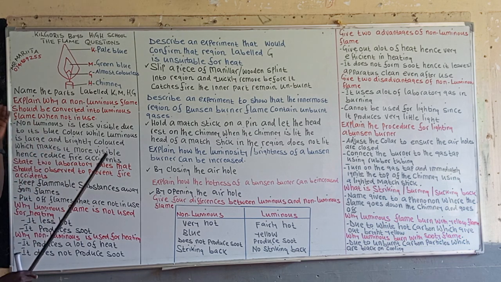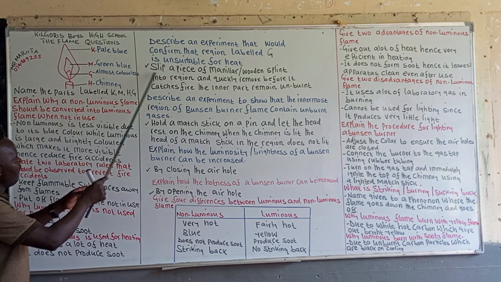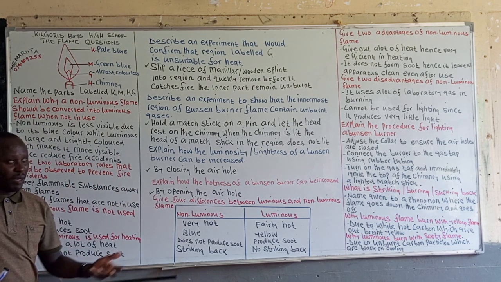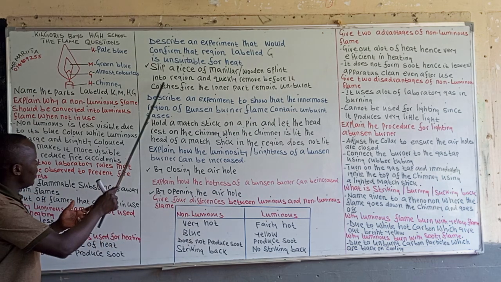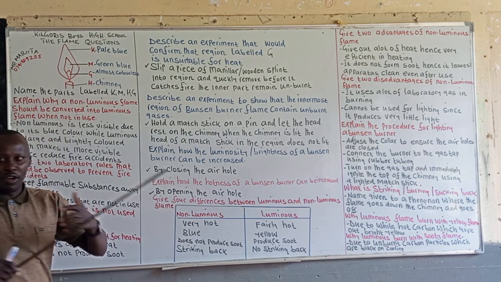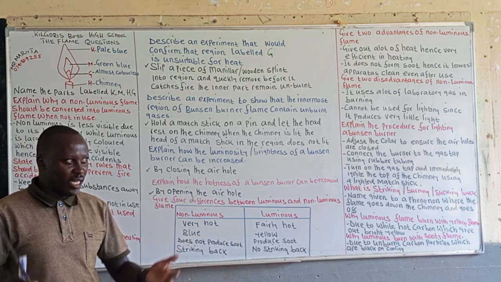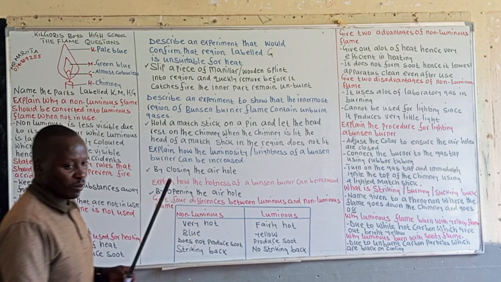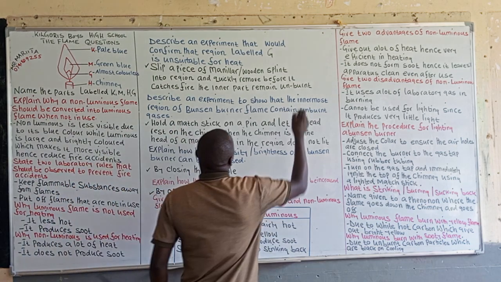So if you are using a manila paper, you just slide a piece of manila paper or a wooden splint into the region and quickly remove it before it catches fire. The inner part remains unburnt. Normally, this is the diagram you can get.